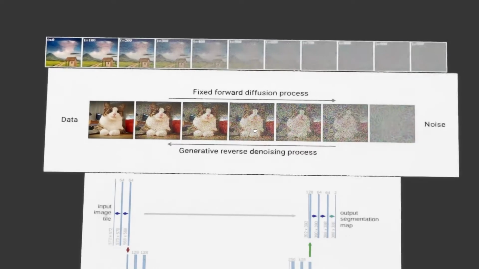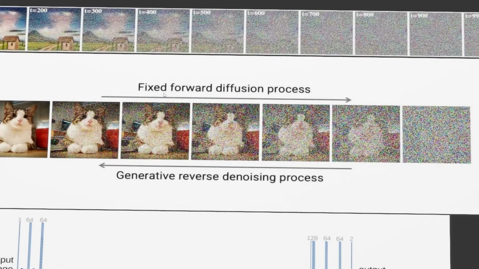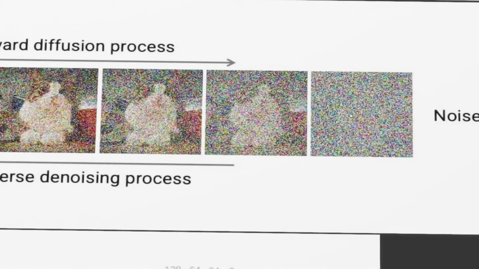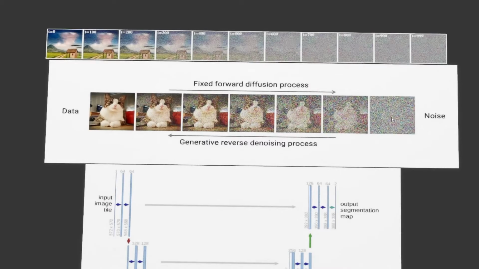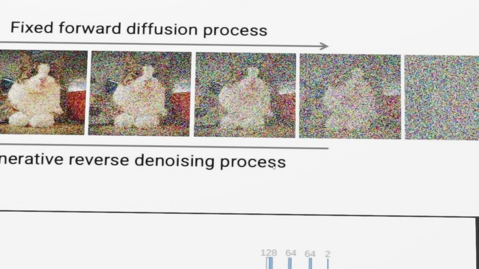So injecting noise into an image and extracting information from the image is forward diffusion, and when we try to generate an image from a noisy image, it is the reverse denoising process.